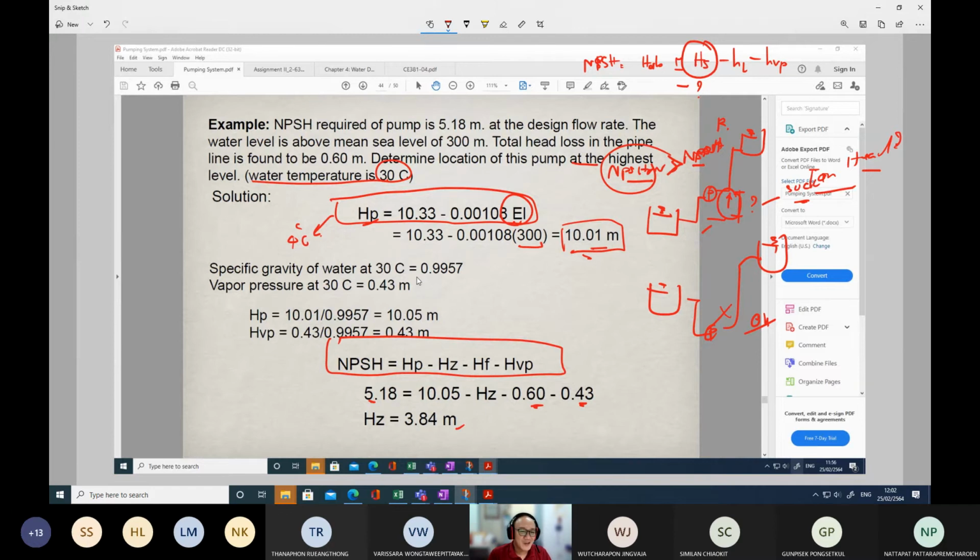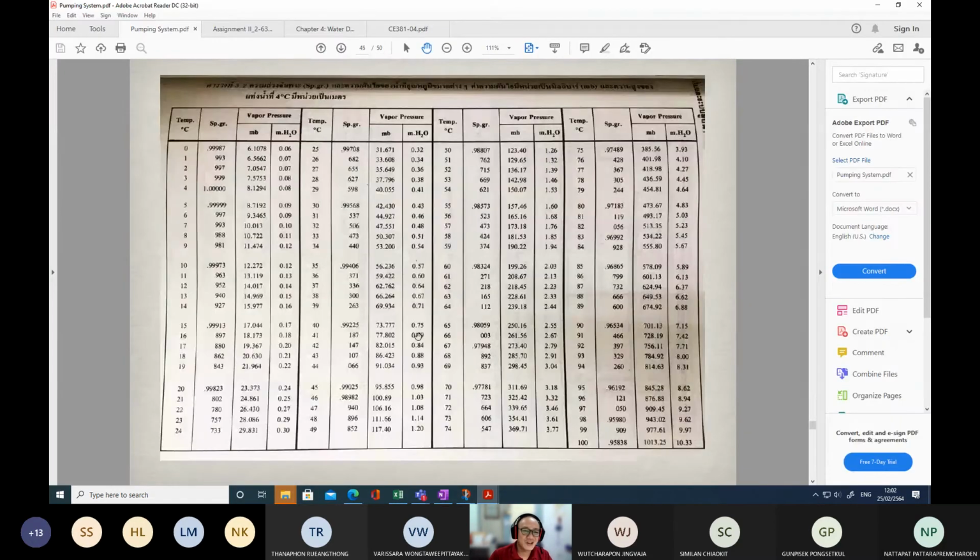Why is 4 degrees Celsius important? If you look at the information that I gave you, whenever we talk about density or any other factor, at 4 degrees Celsius the specific gravity is exactly 1. The higher the temperature, the lower the specific gravity, and below 4 degrees Celsius the specific gravity is also less than 1.